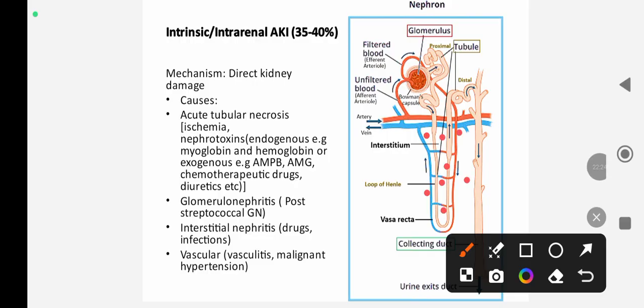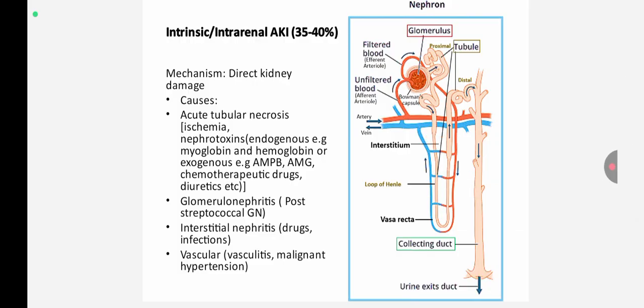So it can get inflamed, interstitial nephritis, by the use of some drugs and certain infections that can lead to acute kidney injury. Drugs like antibiotics, penicillins and cephalosporins, can cause a hypersensitivity reaction leading to inflammation of the interstitium.